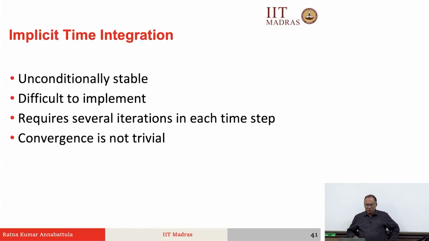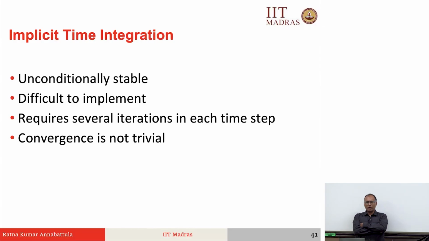Right? So, that is about the explicit time step. If you take an implicit time step algorithm, you need not worry about the stability of the solution. That means it is unconditionally stable, but the problem is they take a lot of time for convergence.